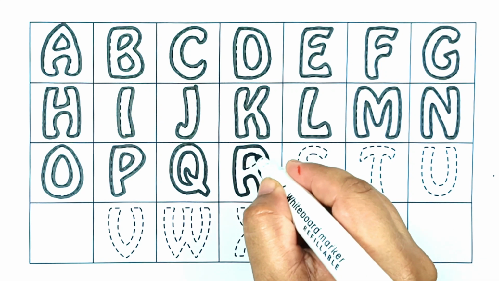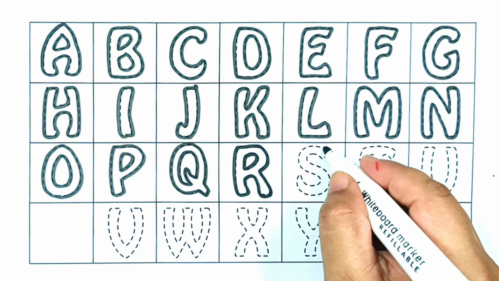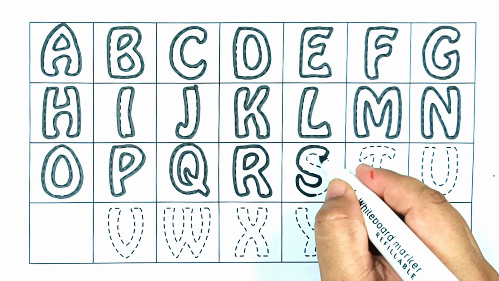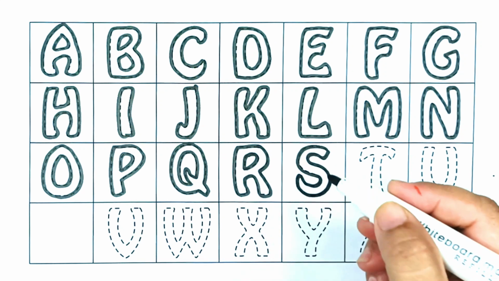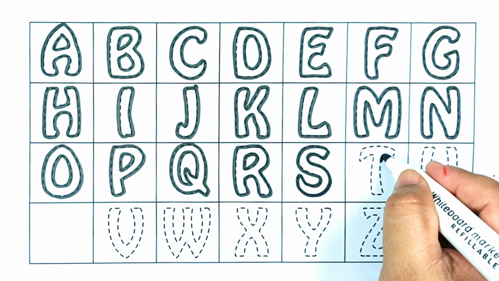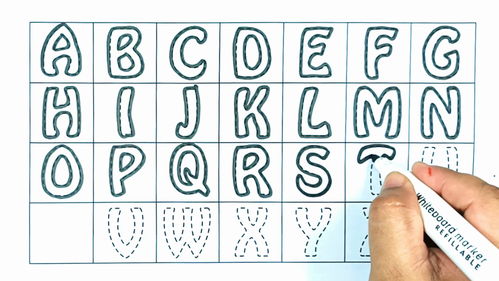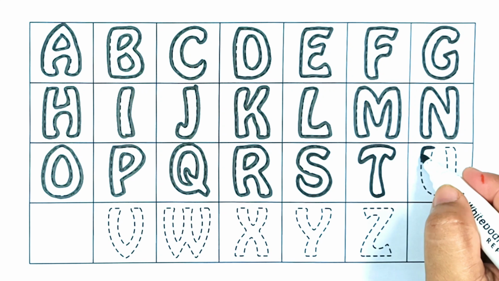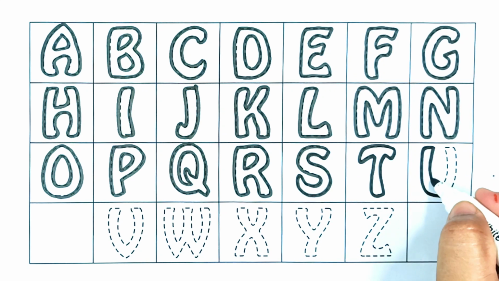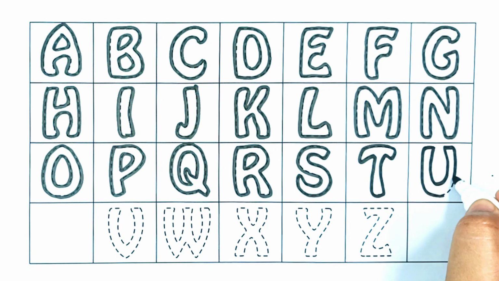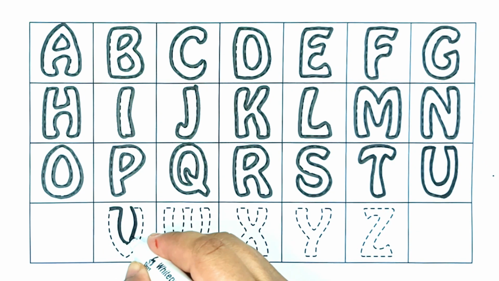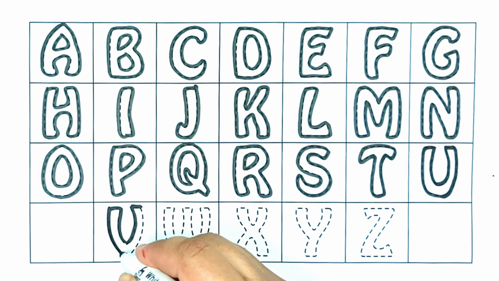R. Farmer in the dell, the farmer in the dell. Hi ho the dairy-o, the farmer in the dell. The farmer takes the wife, the farmer takes the wife. Hi ho the dairy-o, the farmer takes the wife. Wife takes the child, the wife takes the child. Hi ho the dairy-o, the wife takes the child.